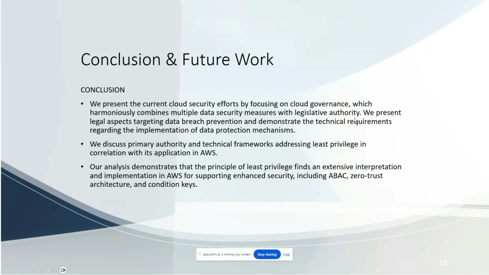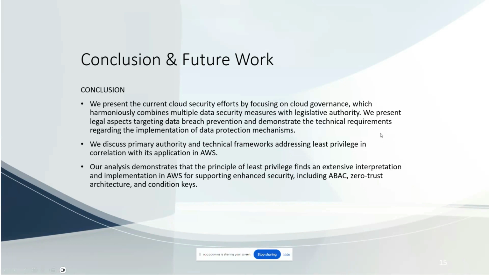In conclusion, we present the current cloud security efforts by focusing on cloud governance, by combining multiple data security measures with legislative authority. Here we present legal aspects such as FedRAMP, targeting data breach prevention, and demonstrate the technical requirements.